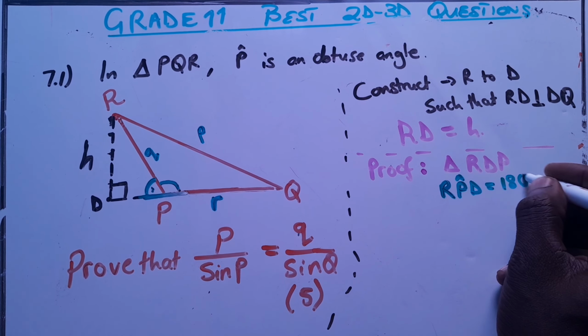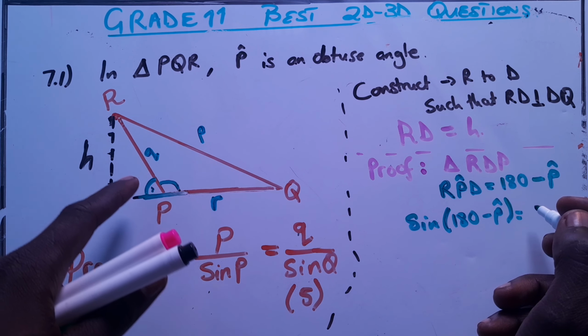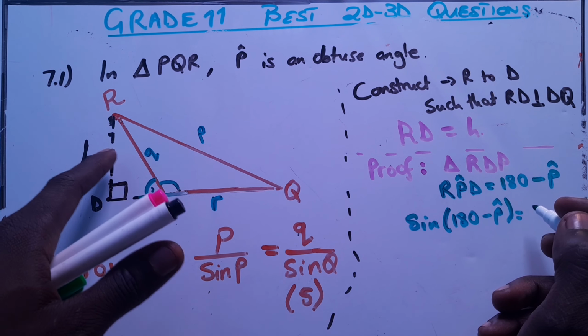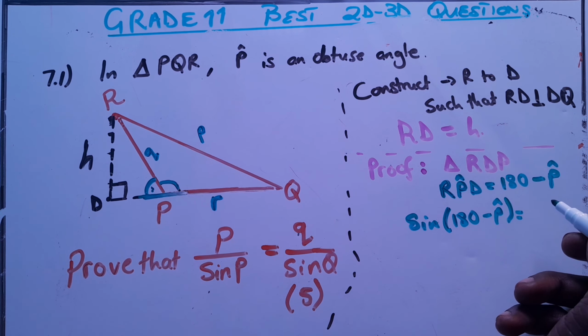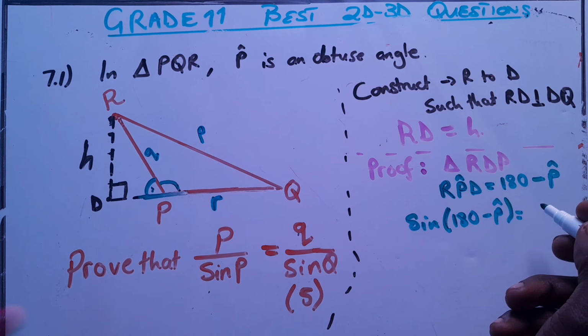So in this triangle we can say sine of 180 minus P should be equal to the opposite over the hypotenuse, because this is the ratio of sine. Our opposite is h over our hypotenuse, which is q.